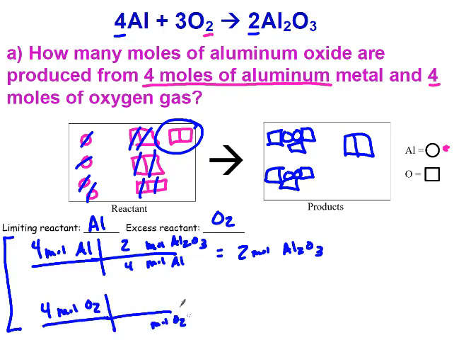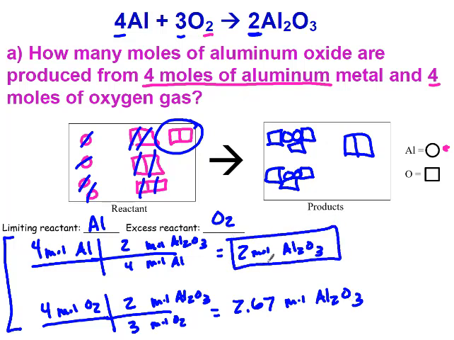We have moles of O2 and moles of aluminum oxide. From the balanced equation, 2 aluminum oxide for every 3 oxygen. So that's 8 over 3, or 2.67 moles. The smaller amount is 2, so that's how much I can actually make. And whoever I started with to produce that smaller amount is always my limiting reactant. The other one is excess.